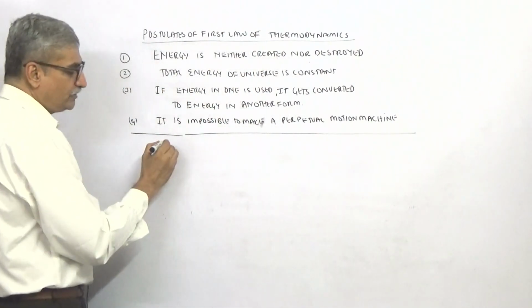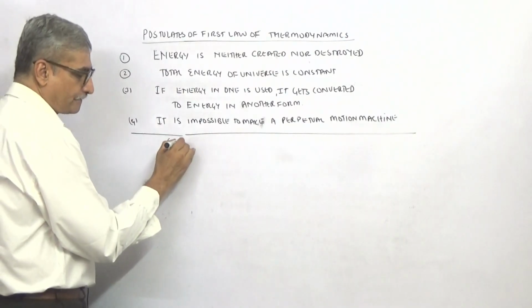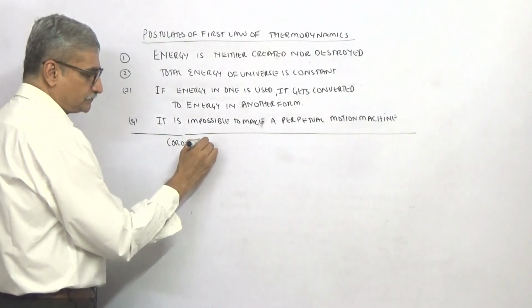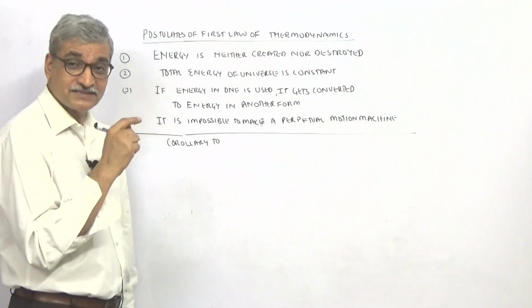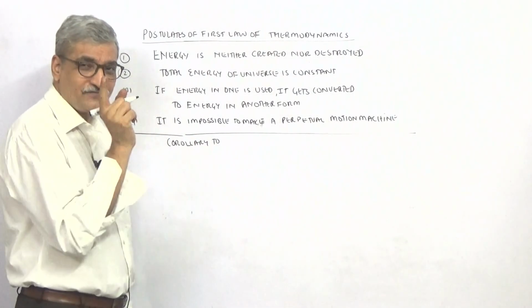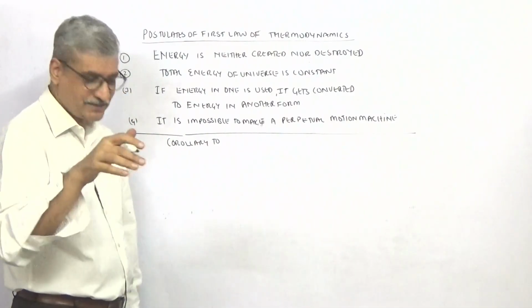Now what happens is, we now talk about the corollary to the first law. The drawback. What is not said in first law, which I have been saying from day one. Is it clear?